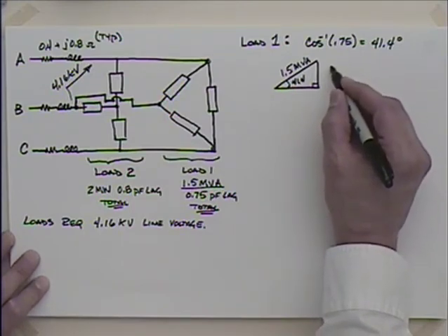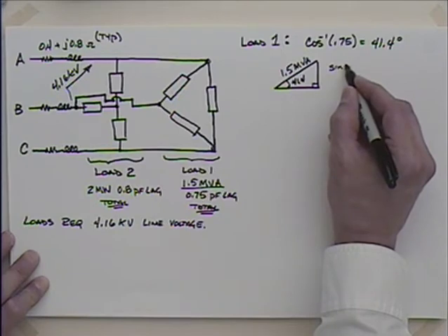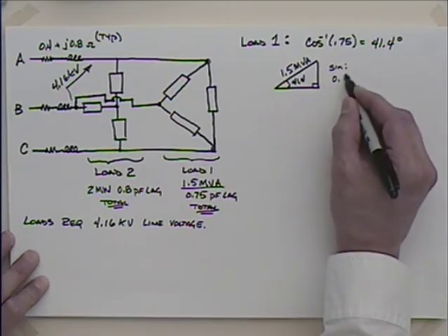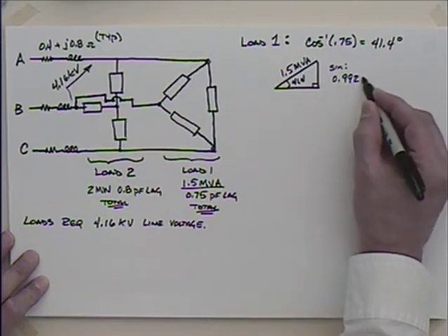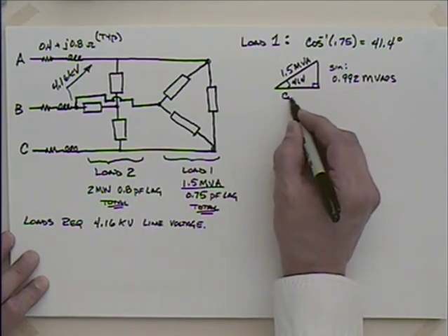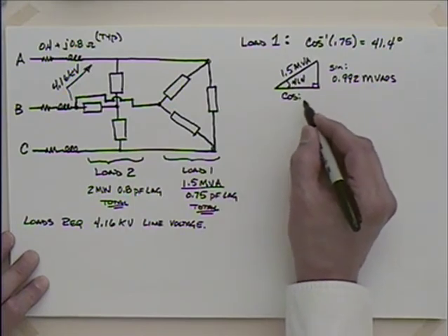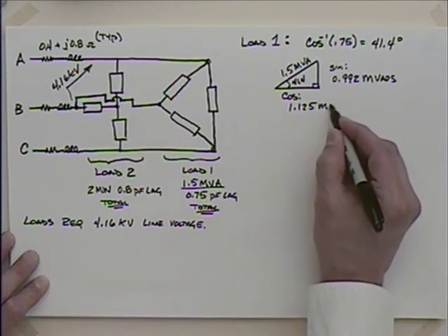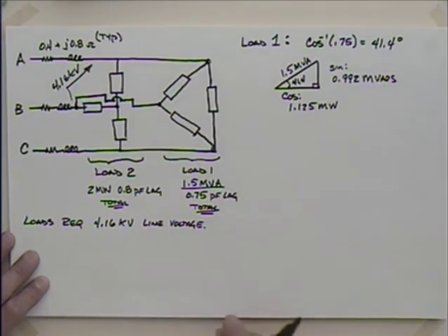So we use the sine here, which will give you 0.992 megavars. Use the cosine over here, which is going to give you 1.125 megawatts.